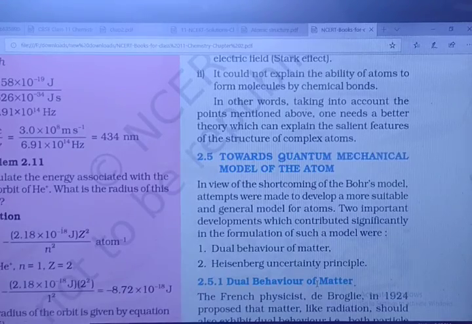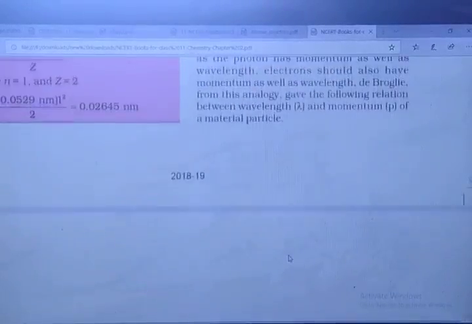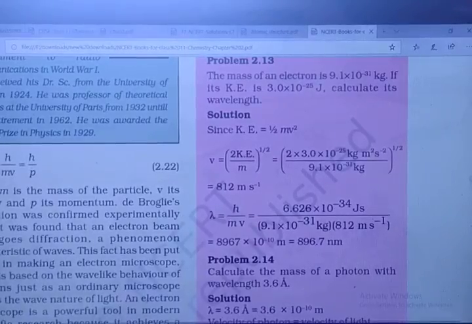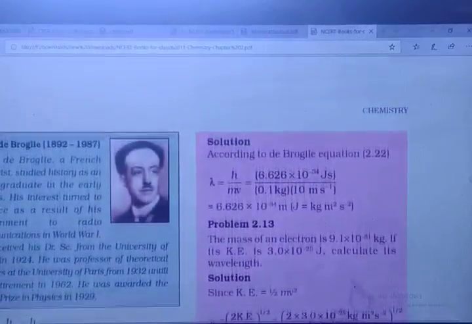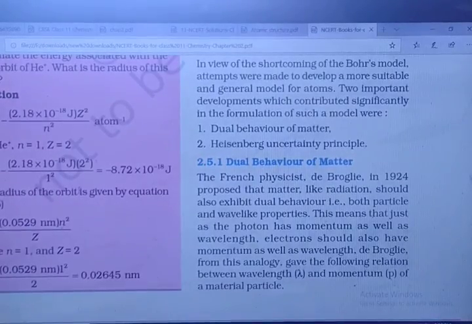P is equal to mv, you have heard about that, that was linear momentum. So you can't calculate the product of momentum and position at the same time. That concept was given by Heisenberg.